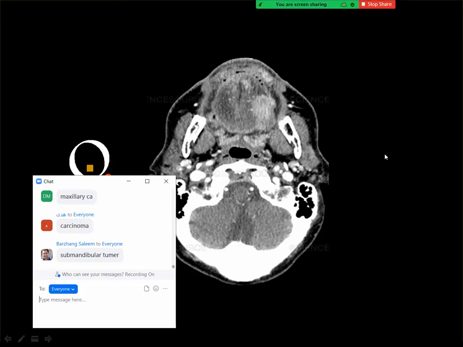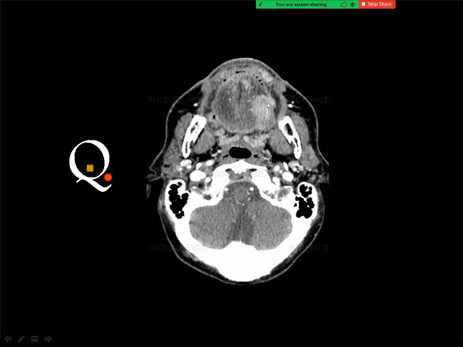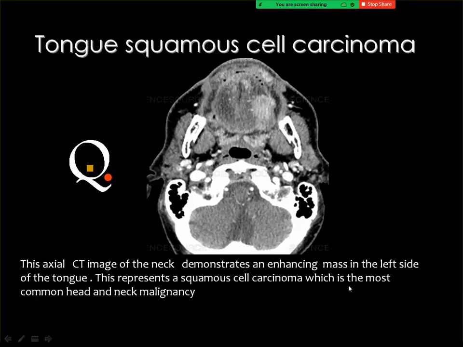Submandibular tumor, we do not have the level of the submandibular, and this is tongue cancer. This is right, there is an enhancing lesion at the tongue proper, and it is on the left side. It has not extended across the midline. There are no associated metastatic lymph nodes in the scanned area, and this is tongue carcinoma, the classic appearance.